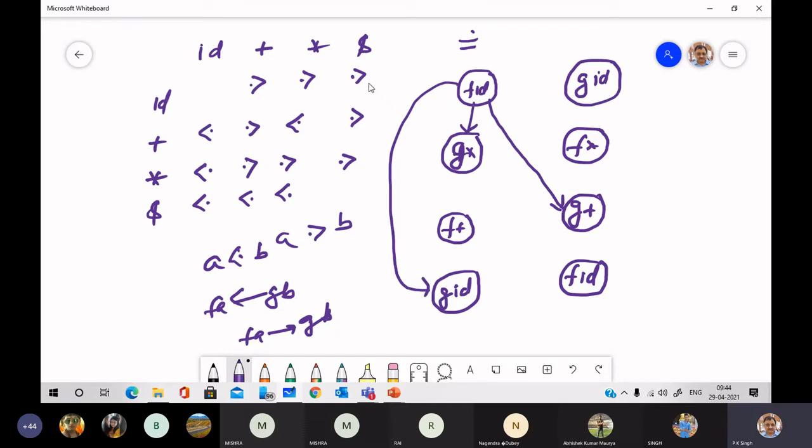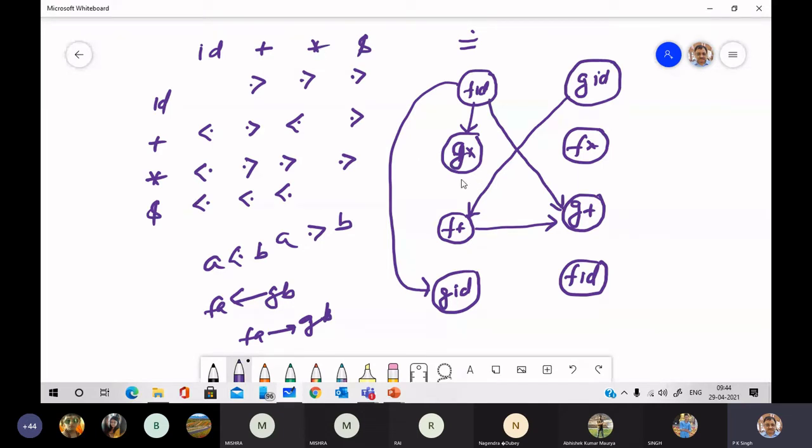Okay, next, F plus from GID. F plus to G plus. F plus from G asterisk.